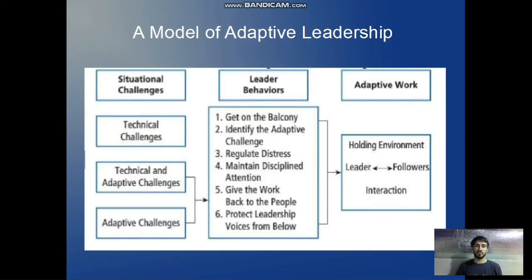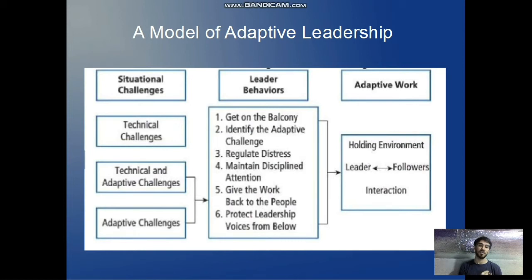A model of adaptive leadership: there are three main components of adaptive leadership: the situational challenges, the leader behavior, and adaptive work. The situational challenges could be technical, that have a known solution, that are clearly defined, and that can be implemented by the organizational procedure.